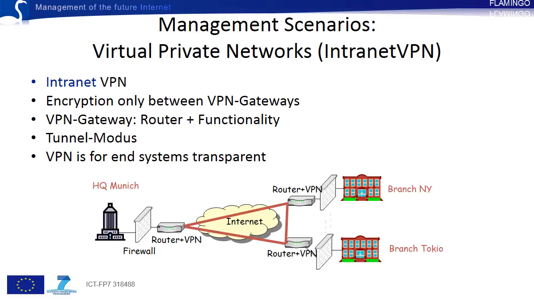In detail, a VPN gateway only consists of a router plus some additional functionality, because the VPN is built up in the gateway and the router has to send the traffic which is expected for the VPN through it. All connections in this virtual private network are working in the tunnel mode. For this reason, the VPN is transparent for all systems in the departments which establish a connection with each other.